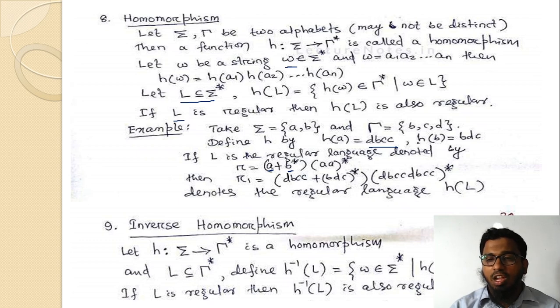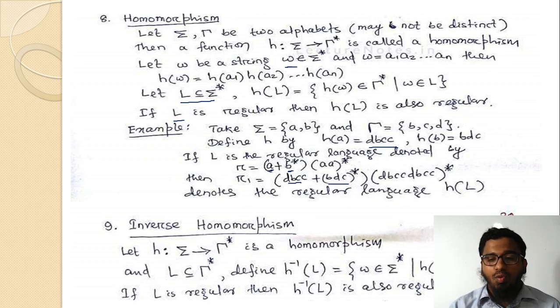You can take anything, but here just for example I am showing this. So in place of a is this, in place of b is this closure. Then after that, dbcc closure denotes the regular language h of L.